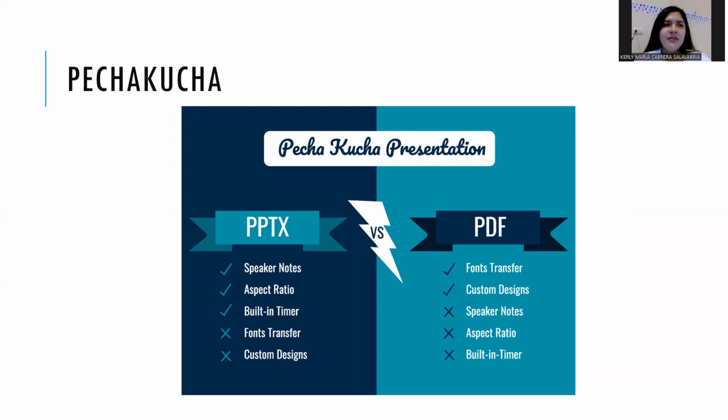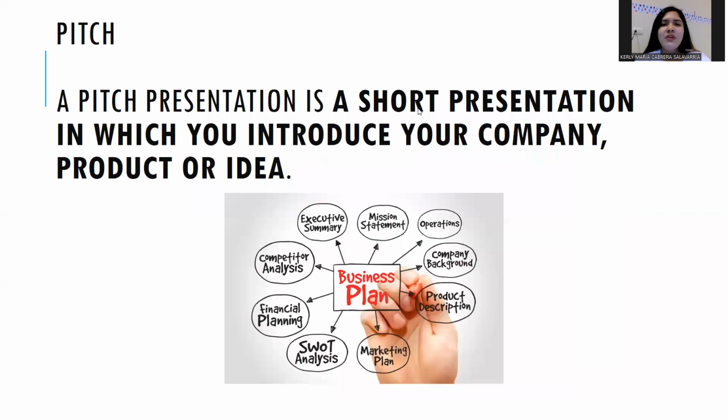And the pitch is a short presentation in which you introduce your company, product, or idea. In this case, you can introduce what you are thinking about a certain topic, and it has just 20 minutes. You have just 20 minutes to talk with all the presentation. This is an example of pitch.